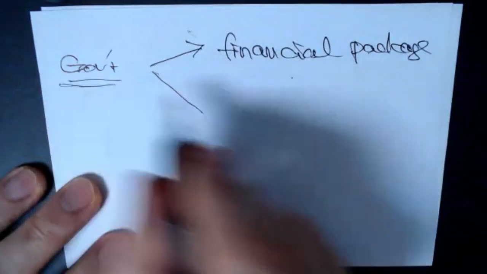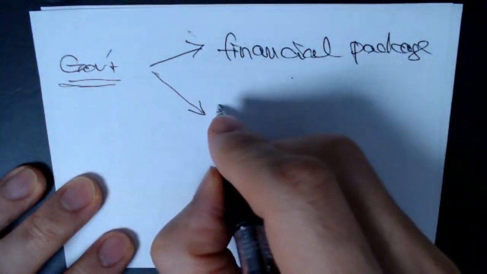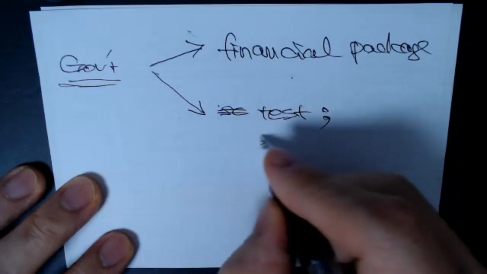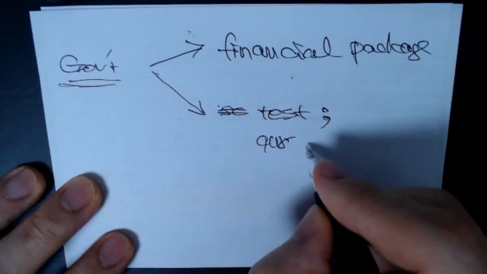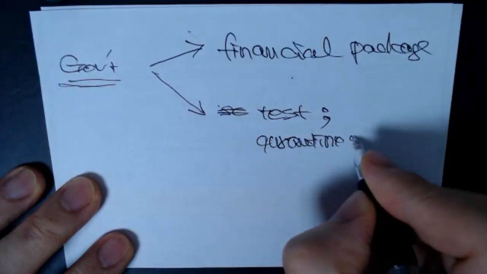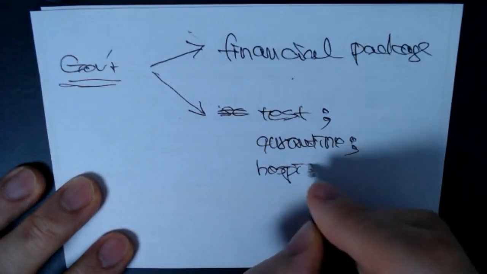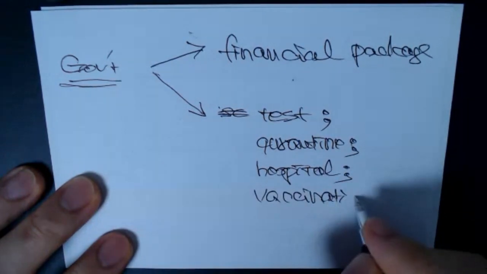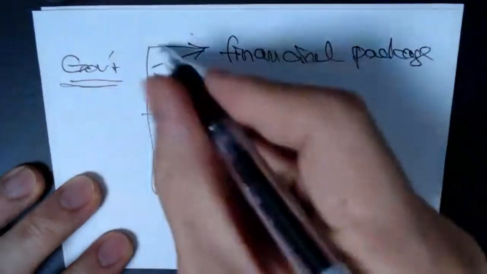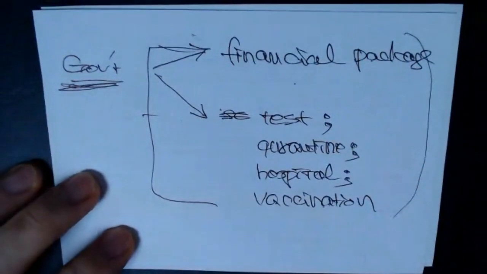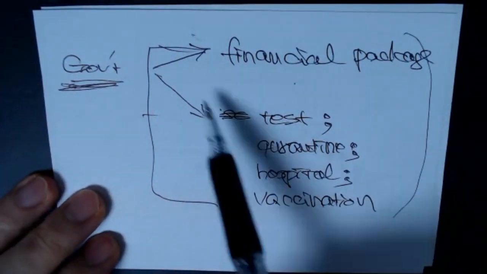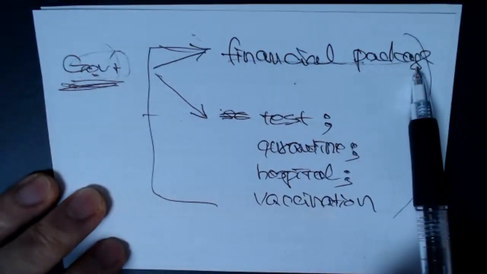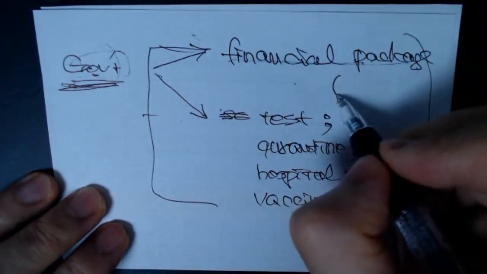This is one activity they do. The second activity is, for example, screening tests, quarantine, hospitalization, and vaccination. So we can have two different types of government activities regarding the COVID epidemic at the moment. On one side, the government provides money to someone badly affected. This one we usually call transfer.